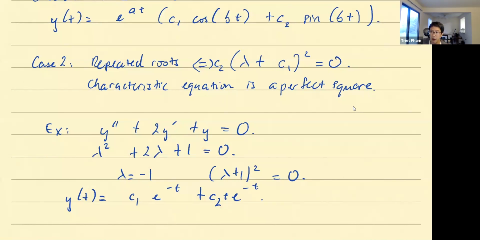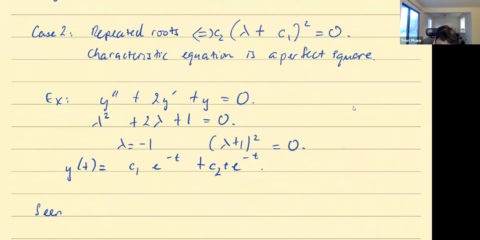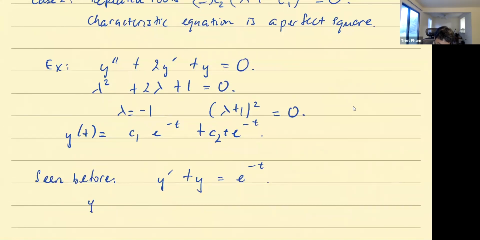Multiplication by t is a very common device in linear ODE. The rough rule of thumb, which needs to be explained a little, is that whenever you have repetition, and we have seen that in the first order equation, let's say you have y prime plus y equal to e to the minus t. Then your yh is going to be c times e to the minus t.